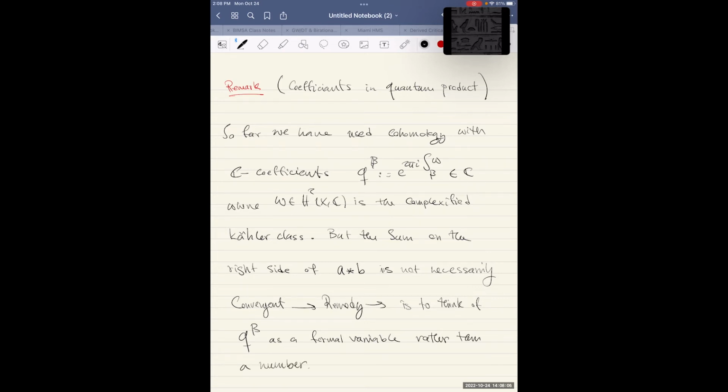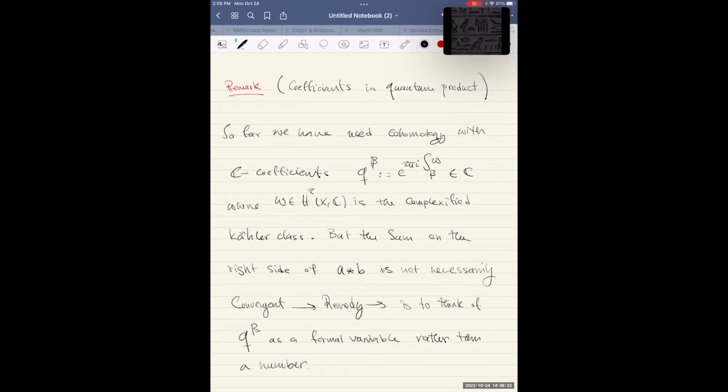If you remember, I showed that over homogeneous varieties, which have a transitive action of a group, these convex varieties, by convexity, this sum converges.